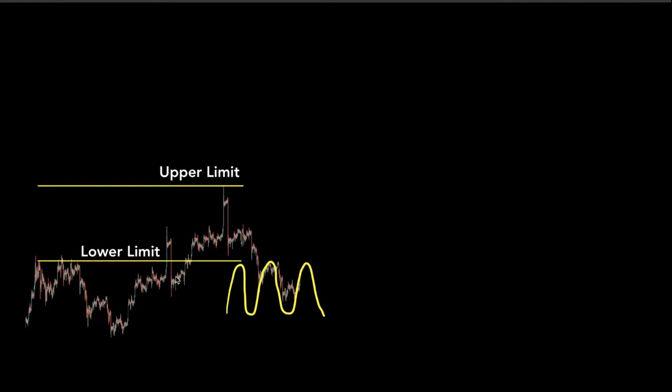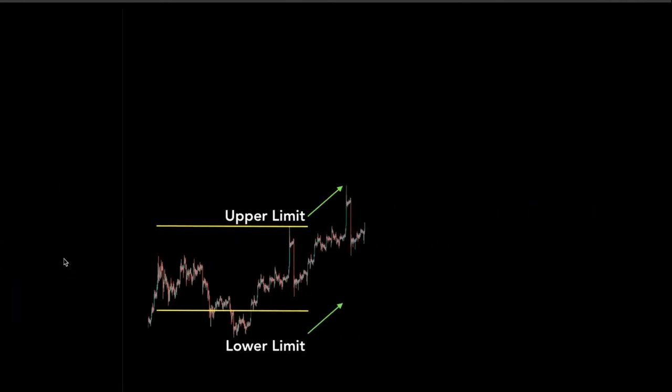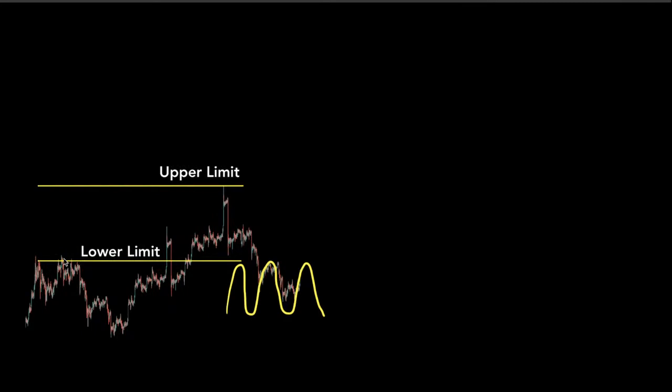So let's assume that later the price starts to fall and it breaches the lower limit price. In this case, the trading range will not follow the price depreciation.